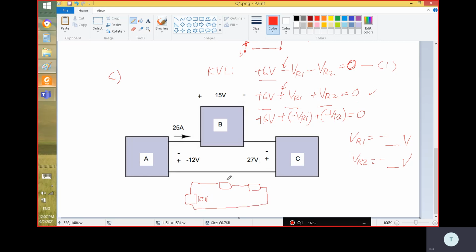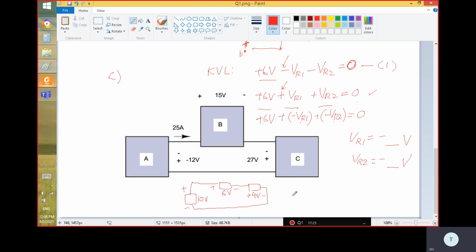Okay, so this one you know is 10 volt, the other one is let's say 6 volt, and the other one is let's say 4 volt. So plus minus here, and then plus minus, plus minus.